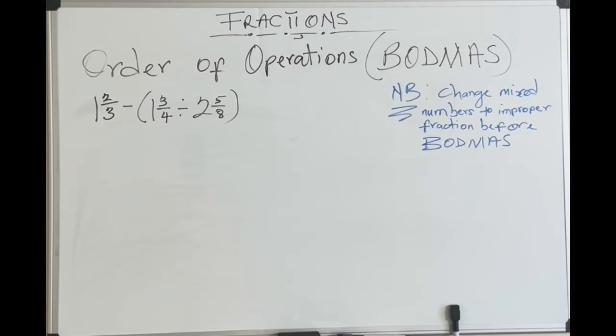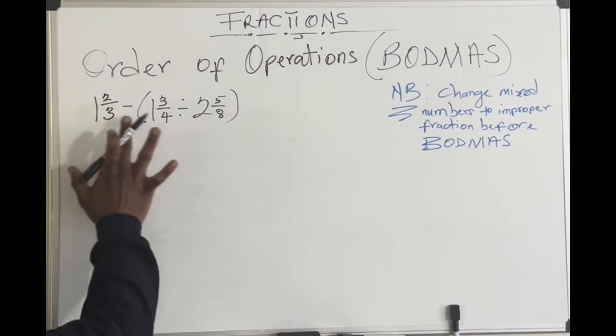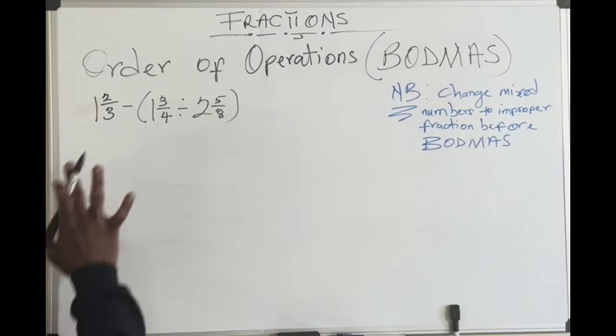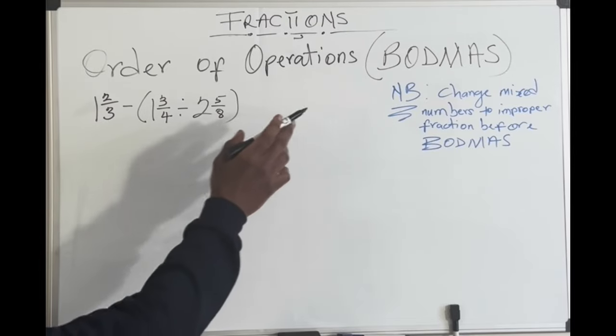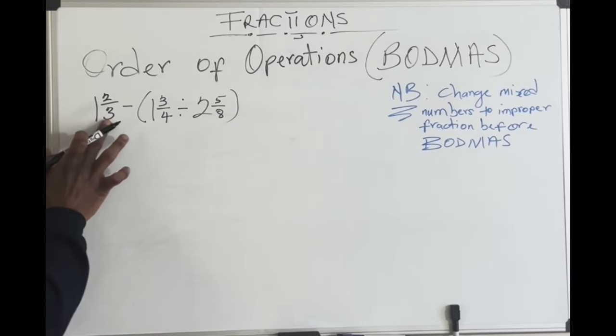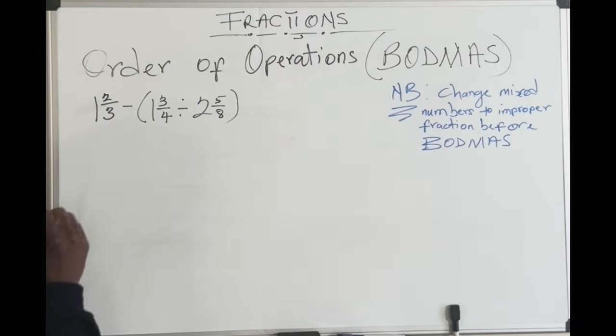But you have to know that before you start dealing with BODMAS, whenever there is a mixed number, you need to change it to an improper fraction before you jump to BODMAS. So let's work this out. There are mixed numbers, so we need to change them into improper fractions. So 3 times 1 is 3 plus 2, 5.